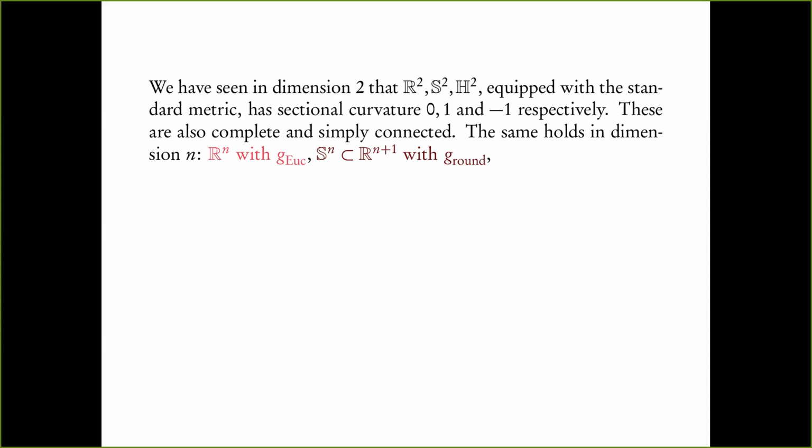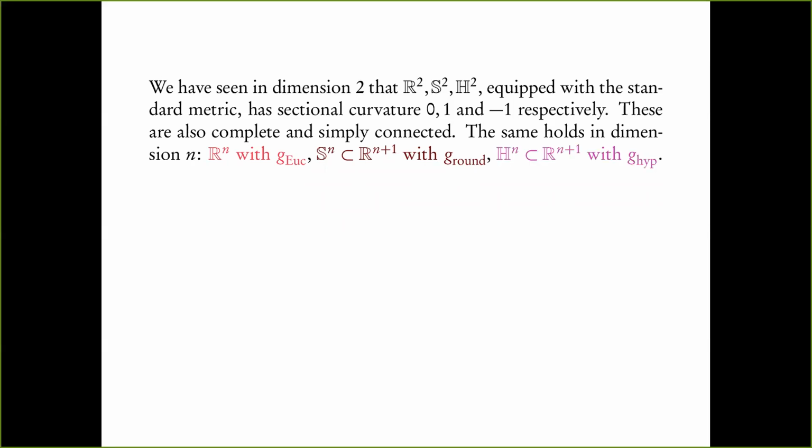Think of Sn as the unit sphere in Rn plus 1 with the round metric induced from the Euclidean metric. So there's a Euclidean metric on Rn plus 1 that induces a metric on Sn. I'm calling it the round metric. And that has sectional curvature 1. And this was computed in the class, and I think it was also assigned in one of these exams. So anyway, this is the model for curvature 1.